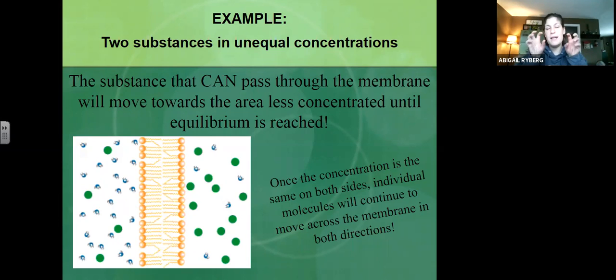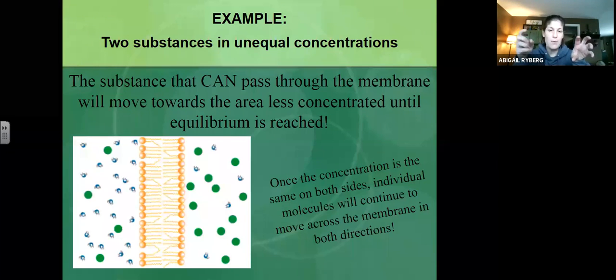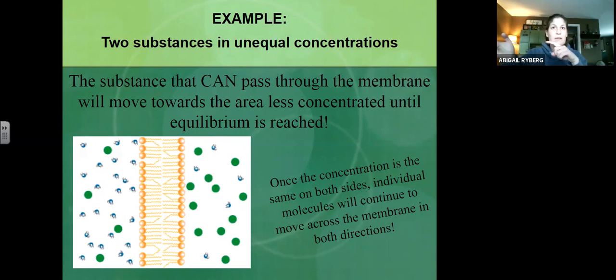Truly what happens is once the same number of green circles are on either side, one green circle may move this direction, and then another will move in this direction, and one will move in this direction, and one will move in this direction. And it maintains that equilibrium. So stuff is still going to continue to pass through the membrane, but it does it at an equal rate, always trying to maintain equilibrium.